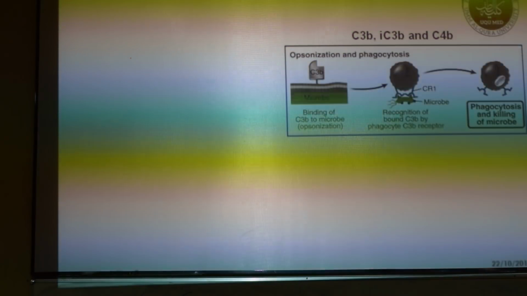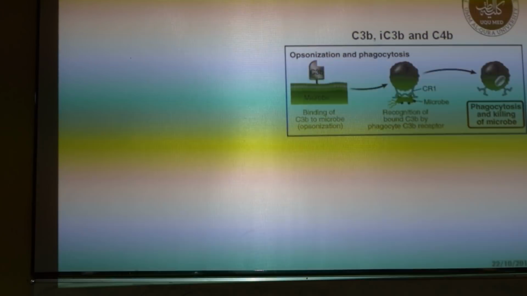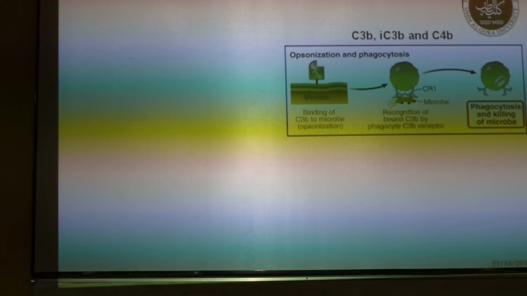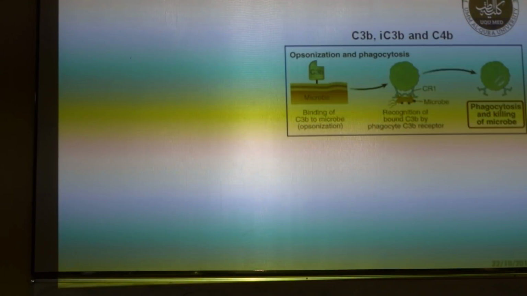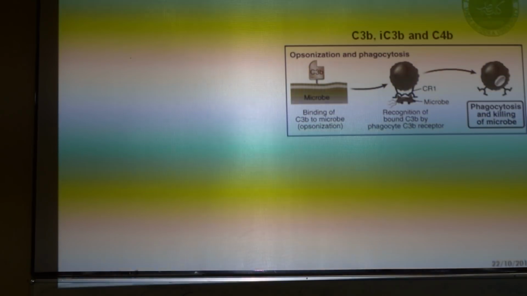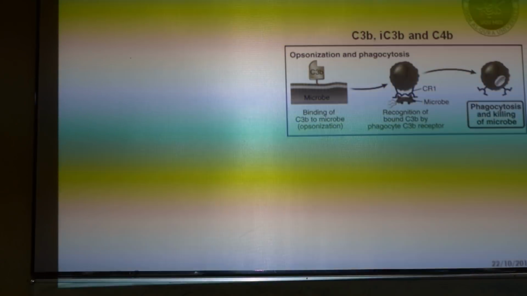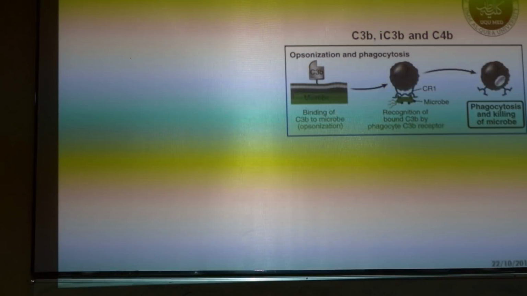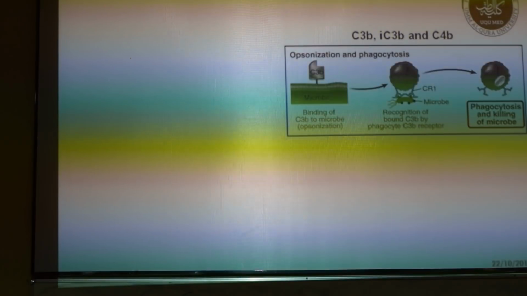So when a bacteria comes, if I tag it like this, now the macrophages, monocytes, neutrophils can recognize it. Whenever the tag of an antibody or a complement protein is on top of a bacteria, the other immune cells will recognize it and engulf it. In this figure you can see C3b bound to the bacteria, so this means it is opsonized.